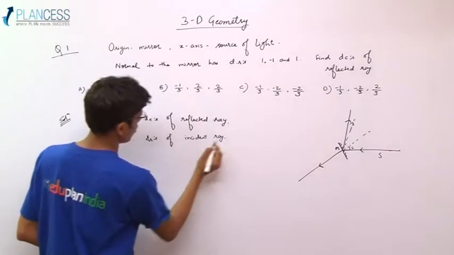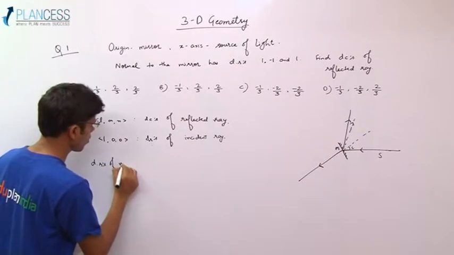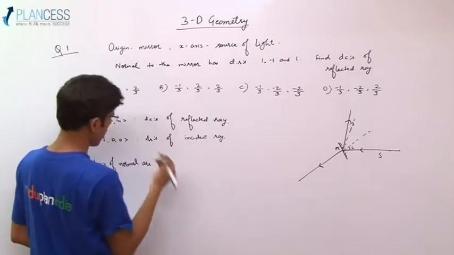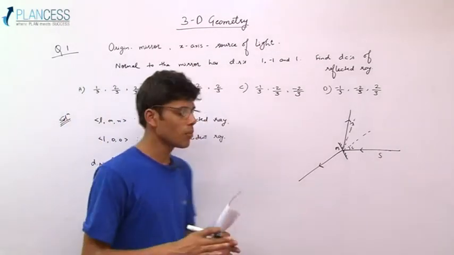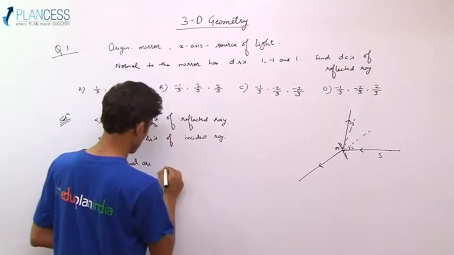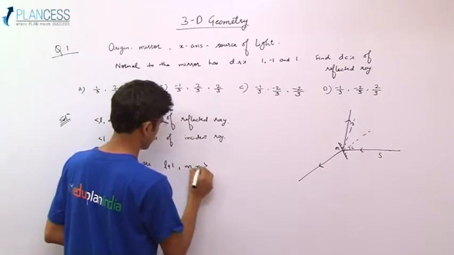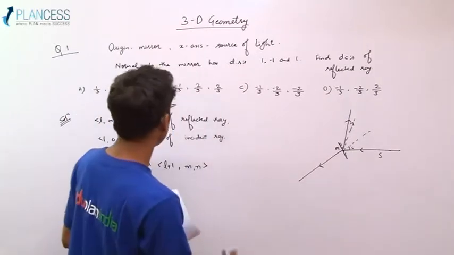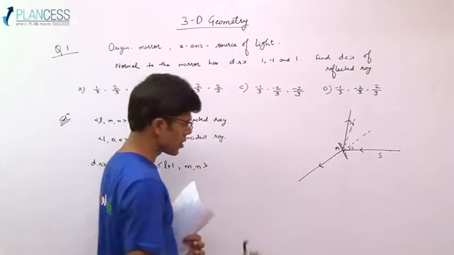So direction ratios of the normal: the direction ratios of the internal bisector of two lines is the sum of their direction ratios. It's L plus 1, M and N. These are direction ratios of the normal and these are also direction ratios of the normal, so these two should be proportional to each other.